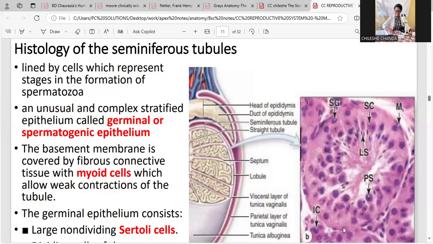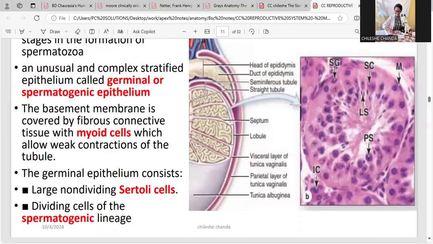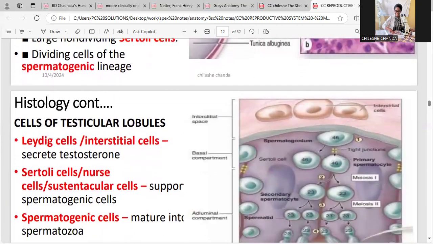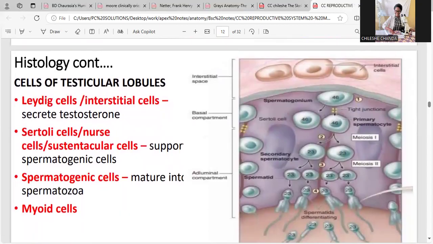They have the duty of contracting in order to push the spermatozoa, the contents of the seminiferous tubules, until they start moving up to the epididymis.